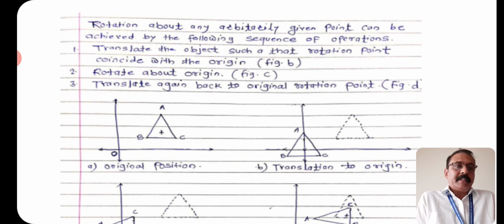Therefore, first you apply the translation transformation, shown in figure B. The dotted triangle shows the original position. Now it is translated so that the rotation point coincides with the origin. Therefore, the first operation is translation.